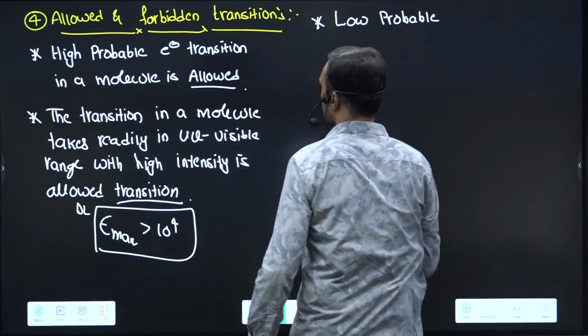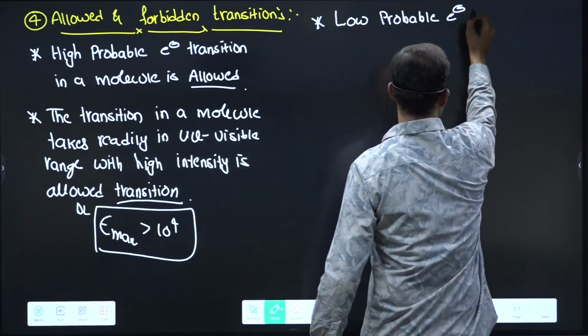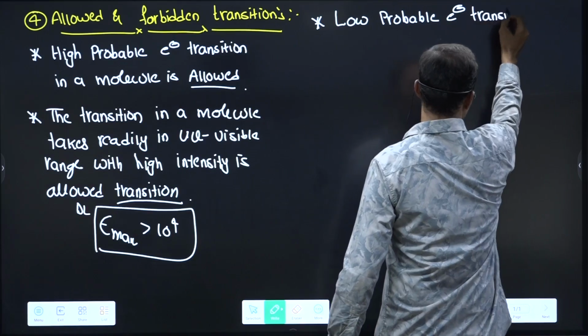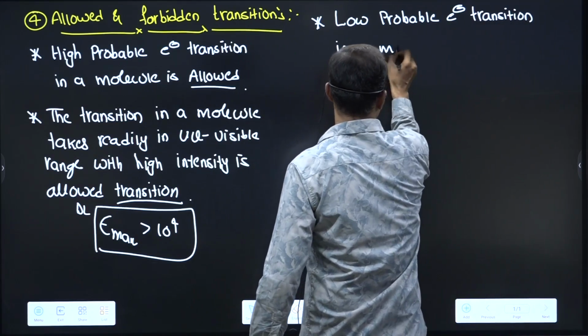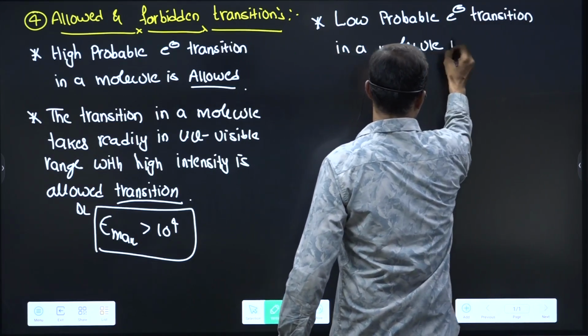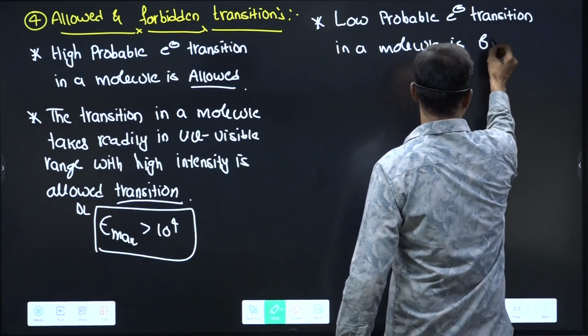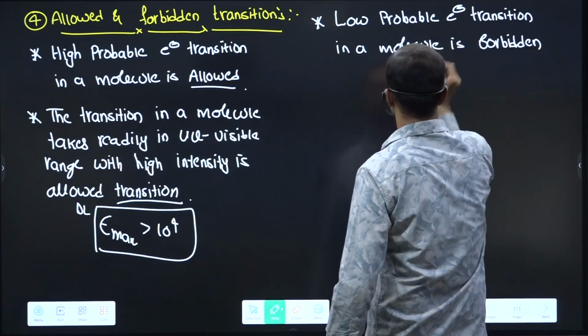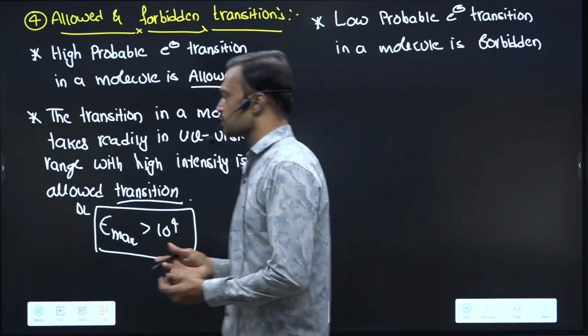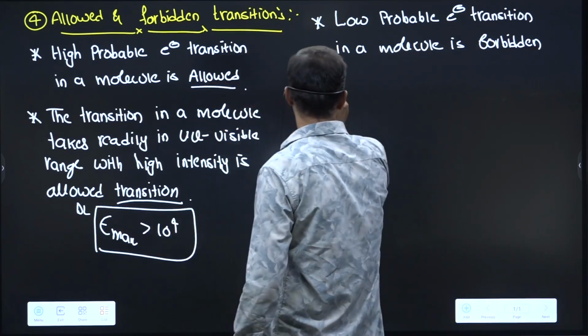Next you write down low probable electronic transition in a molecule is forbidden. Low probable electron transition in a molecule is forbidden.